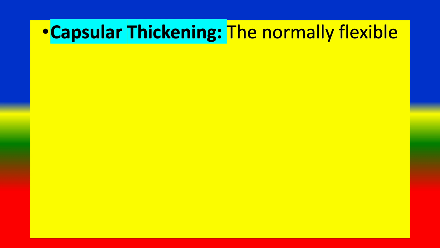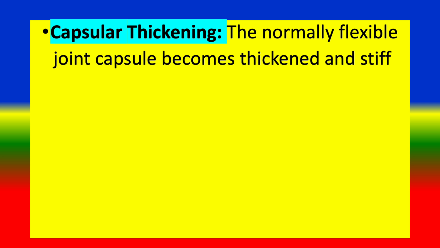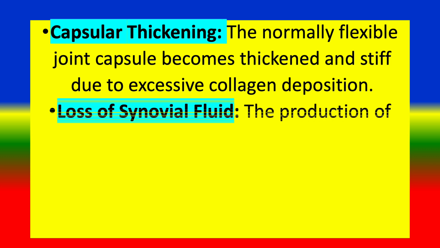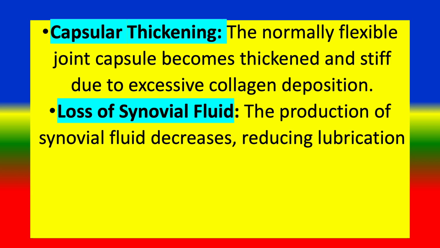Capsular thickening. The normally flexible joint capsule becomes thickened and stiff due to excessive collagen deposition. Then loss of synovial fluid. The production of synovial fluid decreases, reducing lubrication within the joint.